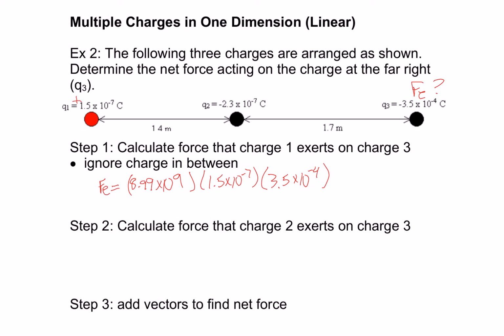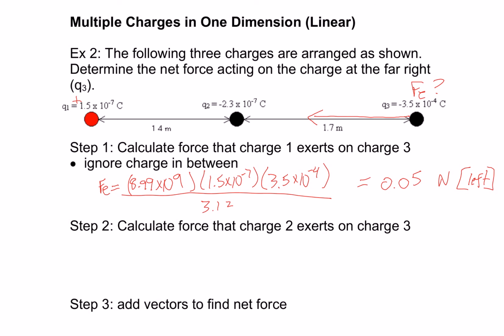Remember, don't worry about positives or negatives. Then our distance is the total distance, 3.1 meters, and we've got to square that. When you do all that on your calculator, we get 0.05 newtons. Now we want to be careful about the direction. Q1 was positive and Q3 is negative, so Q3 is going to be attracted to Q1. So this is 0.05 newtons to the left.